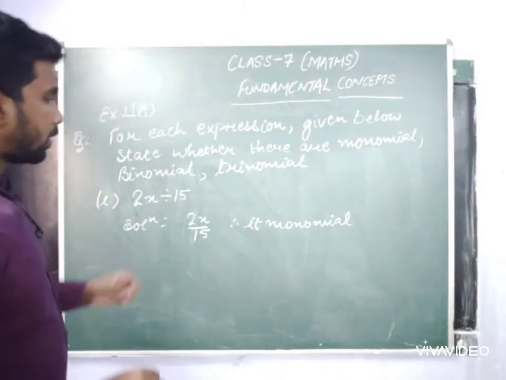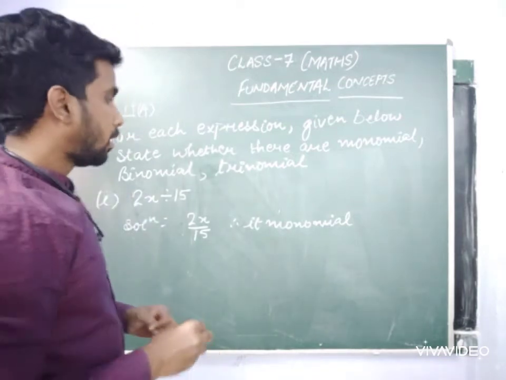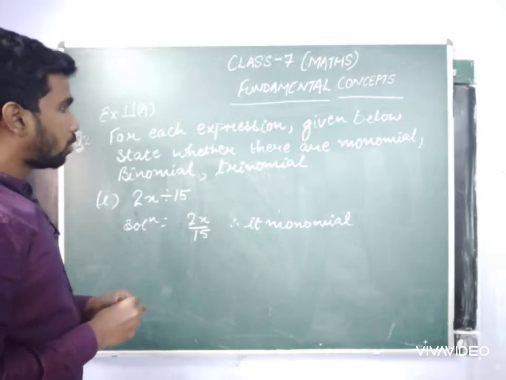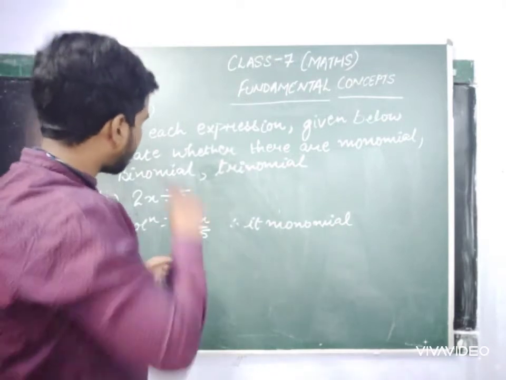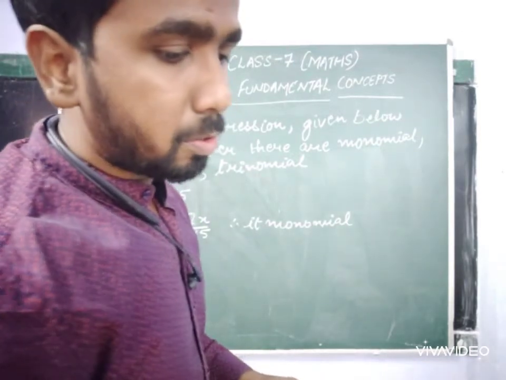Okay, how do you understand this? Because I've already told you that to see whether the expression is a monomial, binomial or trinomial, you have to see the terms which are there in the expression. Okay, so I hope you have understood this one.